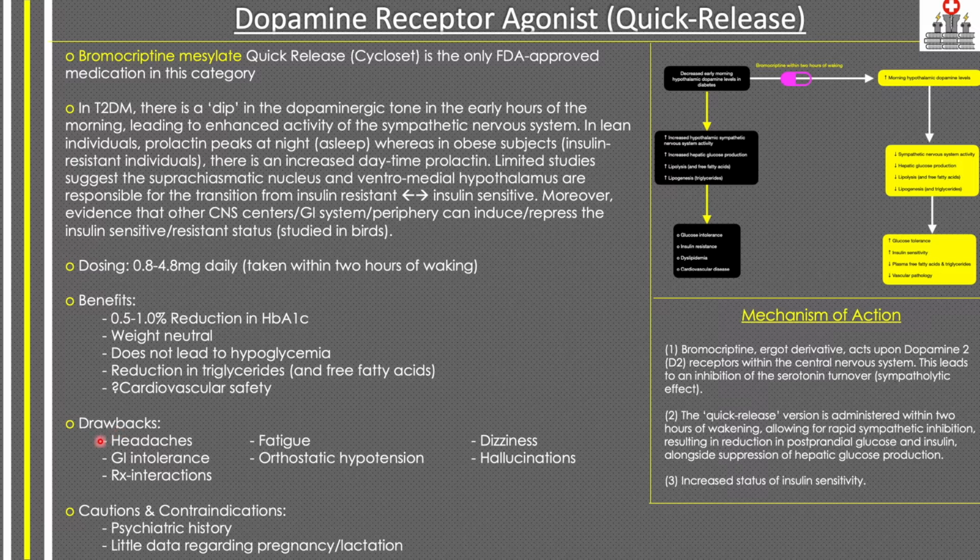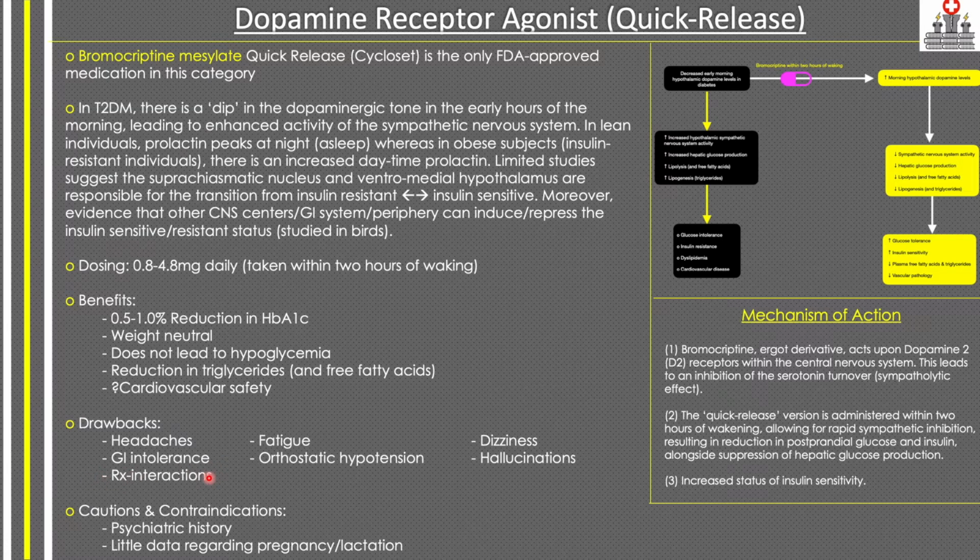Some drawbacks. As we know, when patients are taking dopamine agonists, for example, in Parkinson's disease or other conditions, a very common complaint is of headaches, fatigue, orthostatic hypotension, dizziness, and hallucinations. So it's important to consider this. Again, there appears to be GI intolerance, GI side effects, which patients will not appreciate, and there do appear to be certain drug-drug interactions.